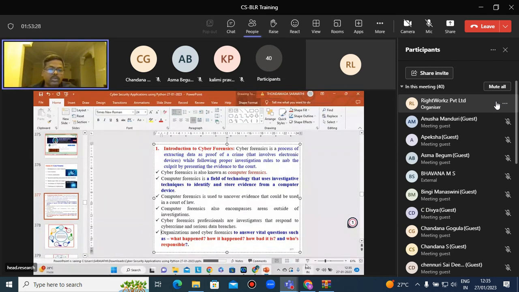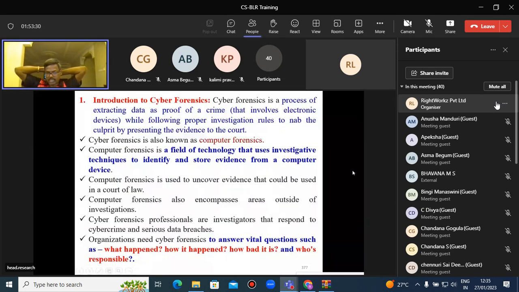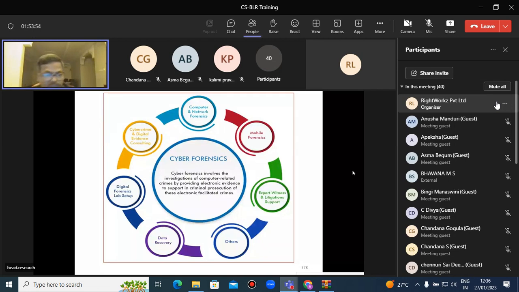So organizations need cyber forensics to answer vital questions such as what happened, how it happened, how bad it is, and who's responsible. So these are the questions cyber forensics needs to answer. So what is meant by cyber forensics?